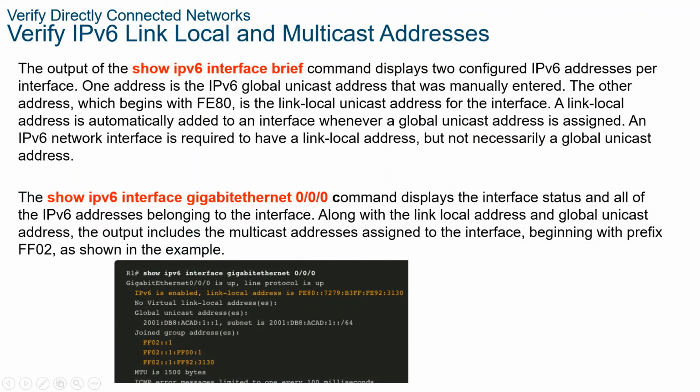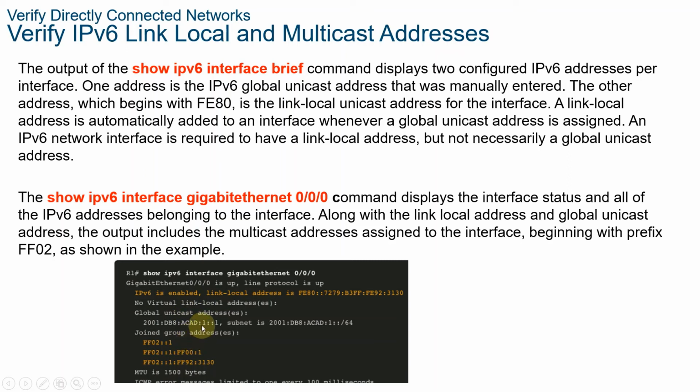Verify IPv6 link local and multicast addresses. Now the output of the show ipv6 interface brief command displays two configured IPv6 addresses per interface. One address is the IPv6 global unicast address that was manually entered.